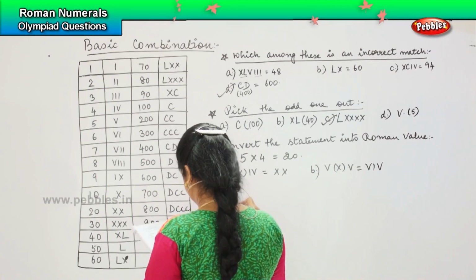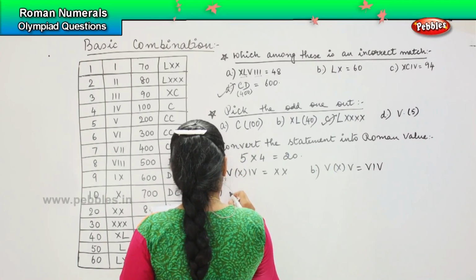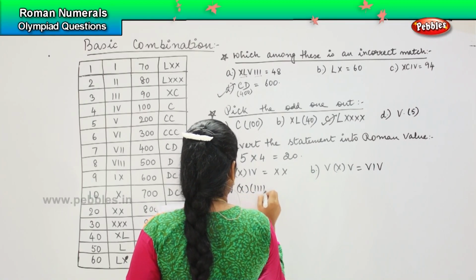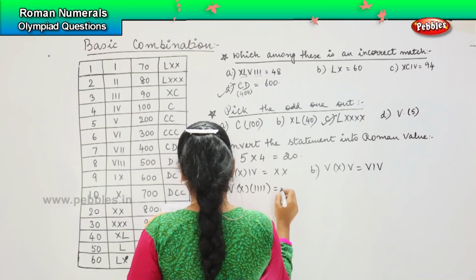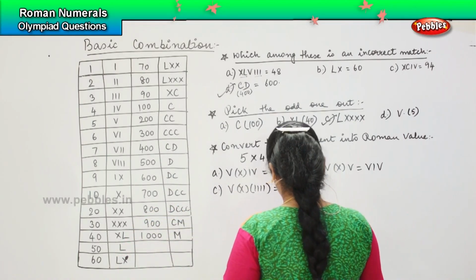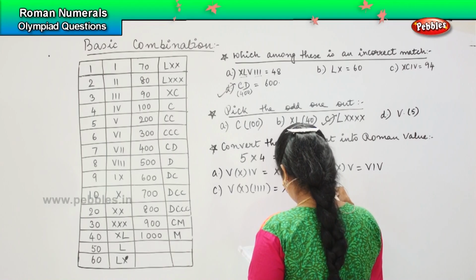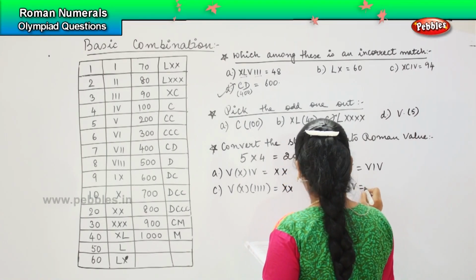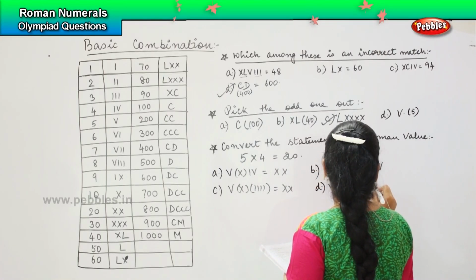Option C, V into 4 I's equals to 20. And option D, V into IV equals to 4 V's.